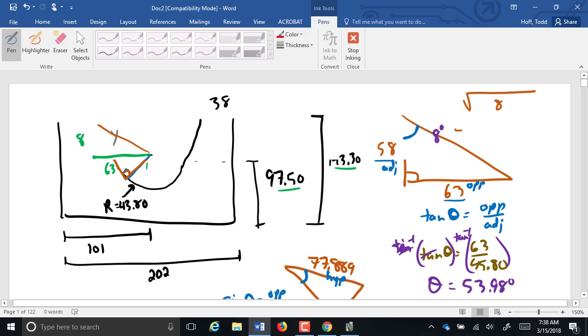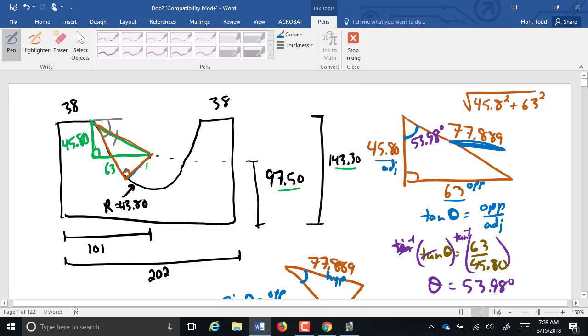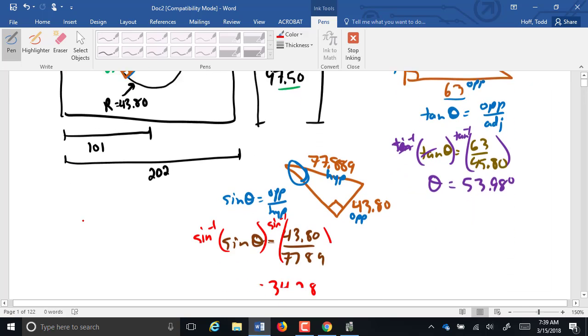So what that tells us is up here, this angle right here, from here to here, is the difference between this angle and this one we just found down here. Because the 53.98, that's this angle here, right? If we subtract out this angle, that leaves us with this one. Why do we care about that one? Well, let's find it first.